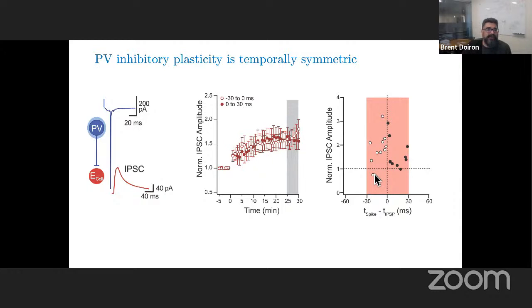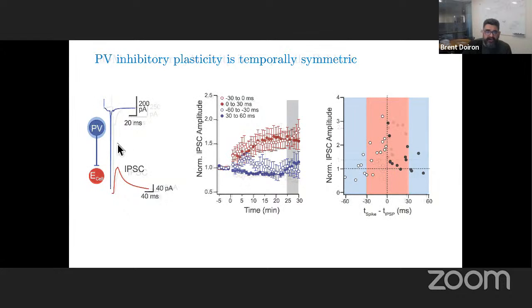It doesn't really care about the timing relationship, pre versus post. It really just cares about the coincidence here. If we push it further, then the plasticity goes away. So if they're firing far apart from one another, plasticity decreases. So this is the classic homeostatic inhibition that several people have found already in the cortex here.